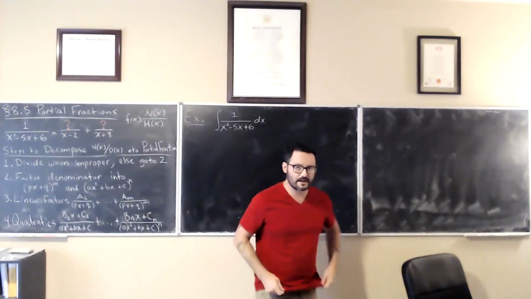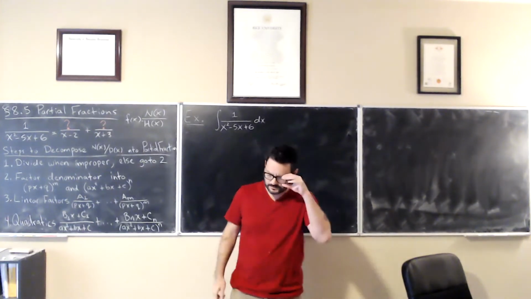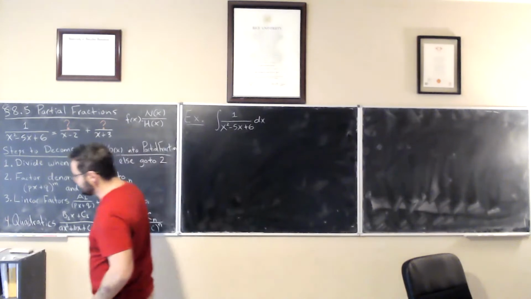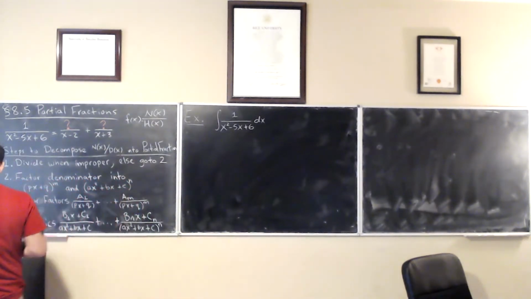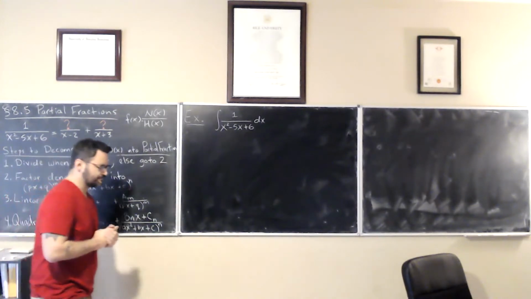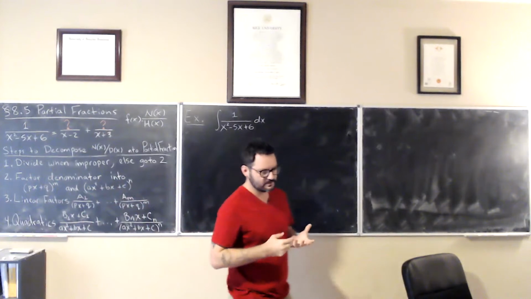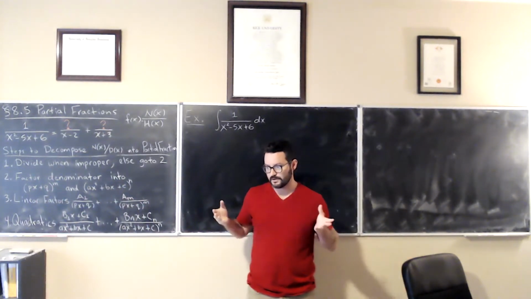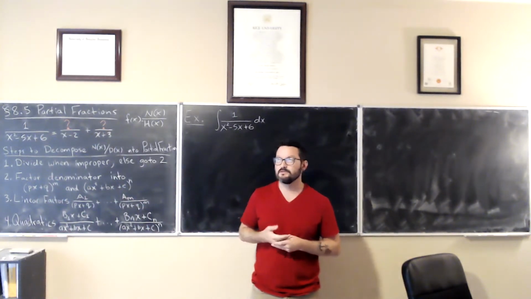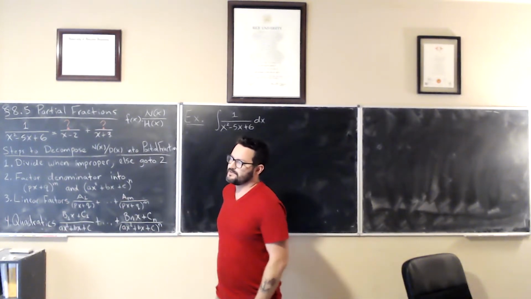So we've encountered integrating rational functions several times, and we've used several different techniques to deal with them. I think the most recent was the trig substitution, where we had rational functions with polynomials in the denominator.